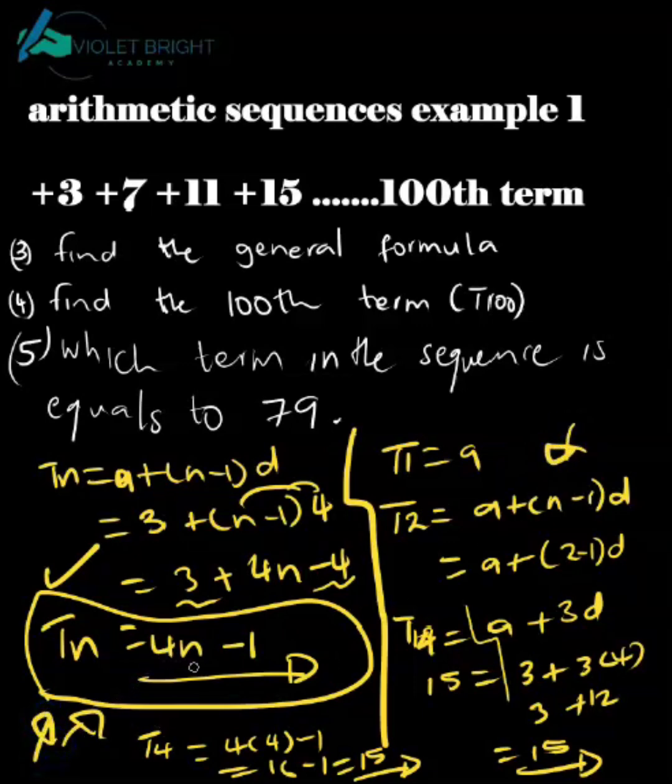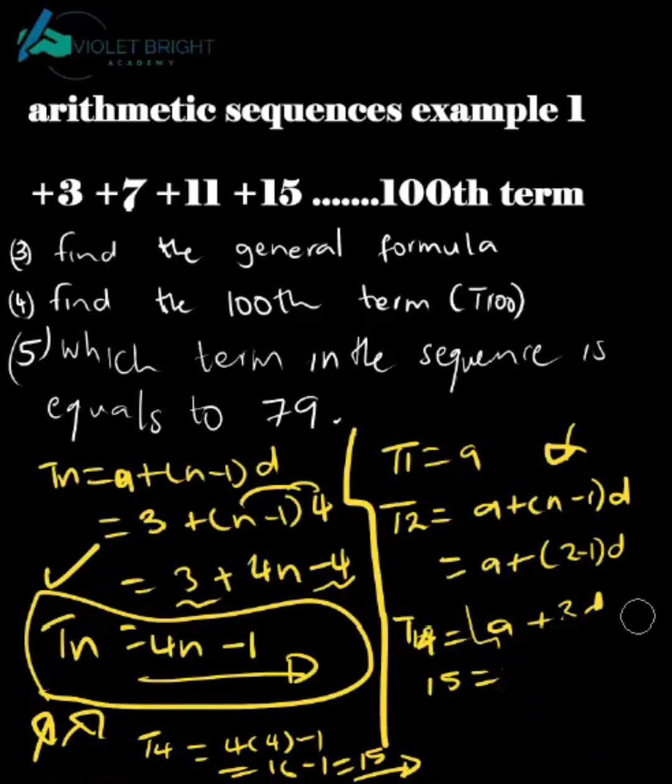Unless in the previous video they told you to find the general formula, you know that you have to use it to find the next question. If not, you can basically just use this one. It's still the same thing. It's gonna lead you to the very same answer. So let's move to the next question.